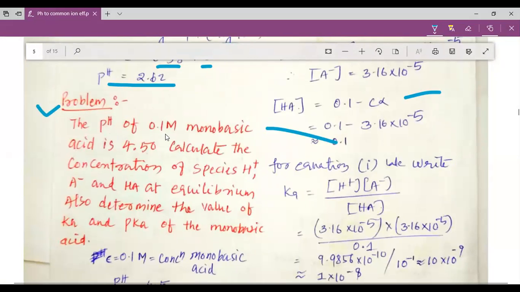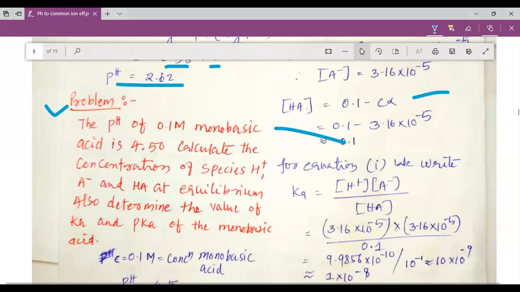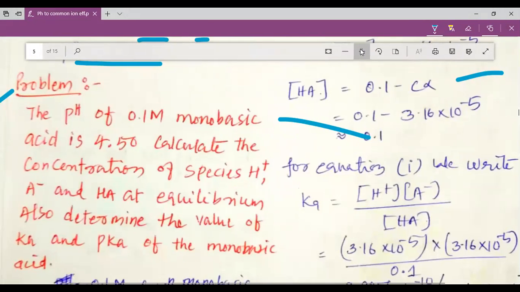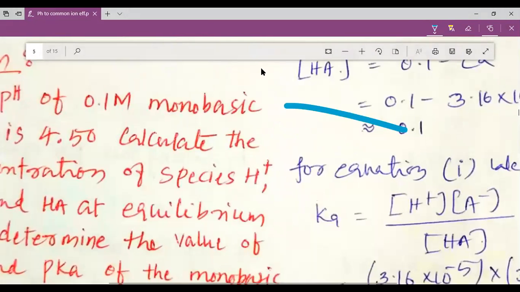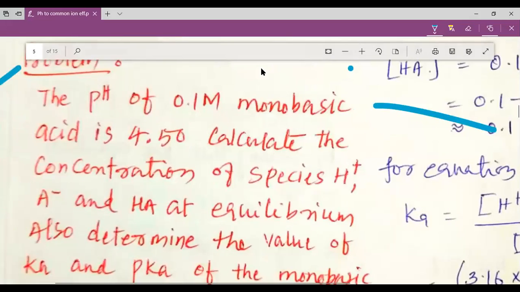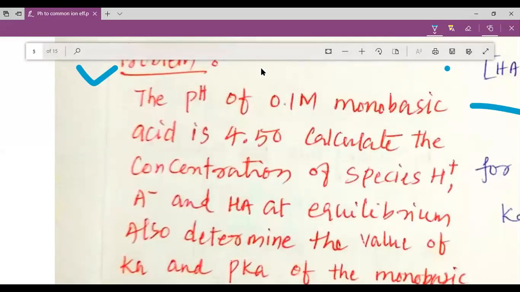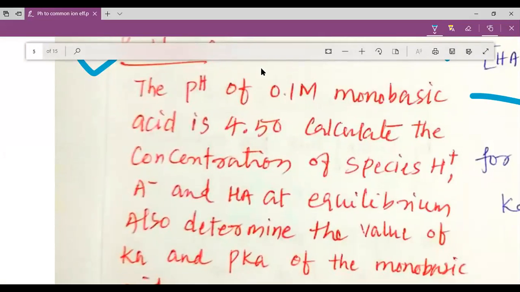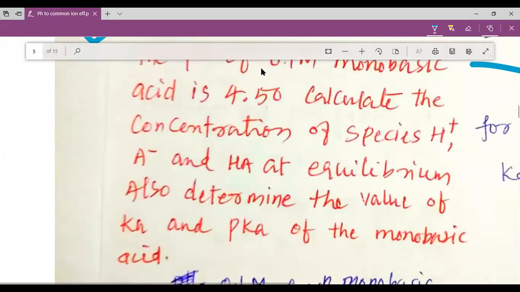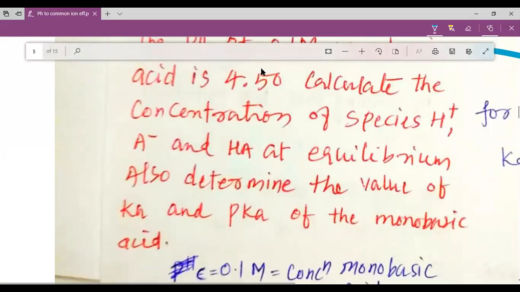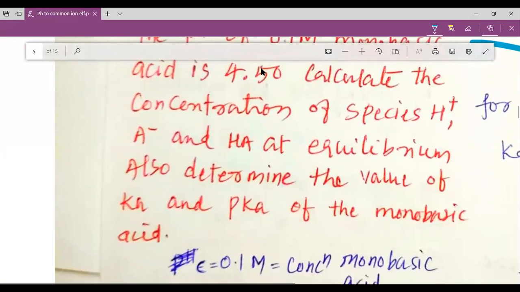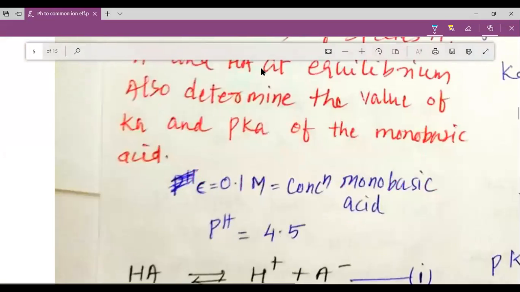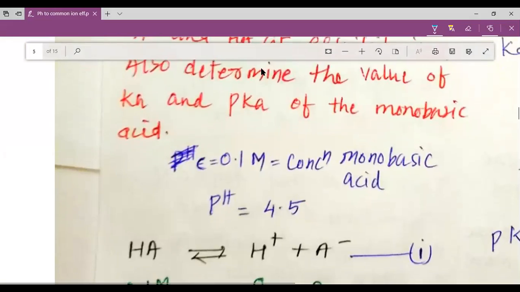The pH of 0.01 molar monobasic acid is 4.50. Calculate the concentration of species H plus, A minus and HA at equilibrium. Also determine the value of Ka and pKa of the monobasic acid.